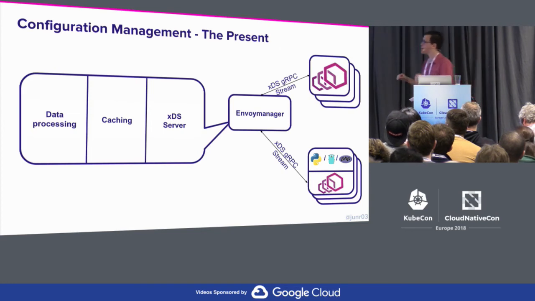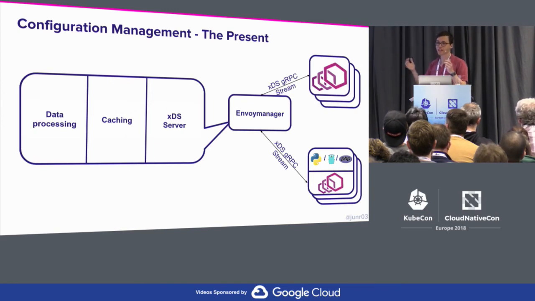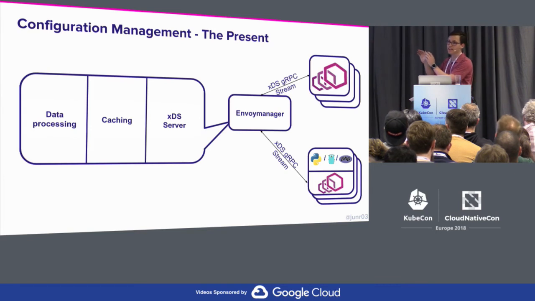The challenging part is that the data processing part is very company specific, right? It really depends on how you're doing things at your company. However, the caching and the xDS server part, you might imagine, is very company agnostic. And the Envoy project actually has open sourced a project called Go Control Plane, and its parallel, Java Control Plane, which implement the caching and the xDS server part as libraries.